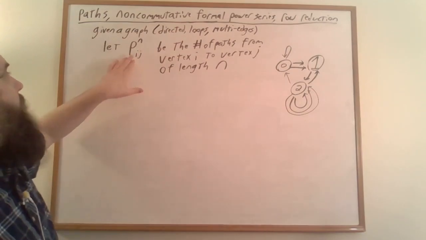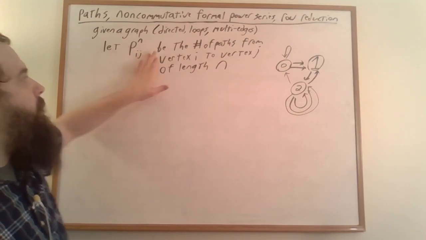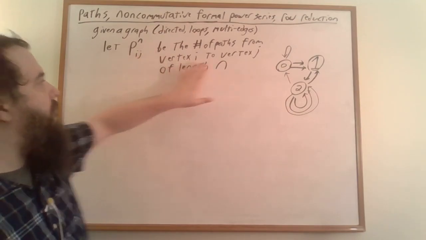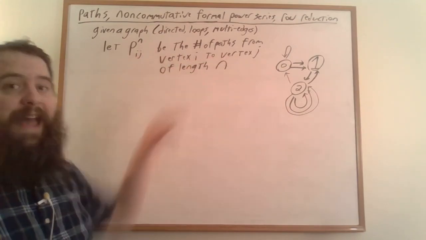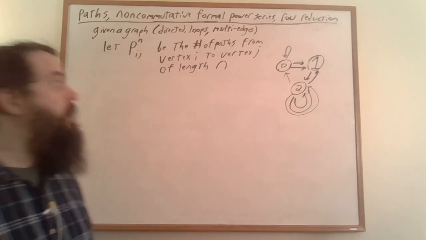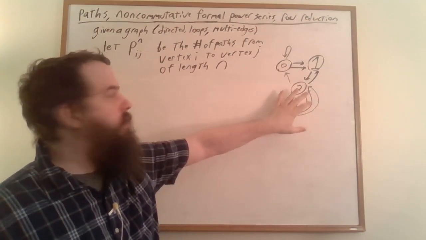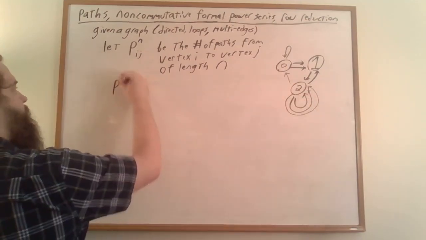Let p superscript n sub ij be the number of paths from vertex i to vertex j of length n. So for instance, if we're talking about paths of length 1, then we're talking about single edges, and we're trying to capture that information from the graph here.